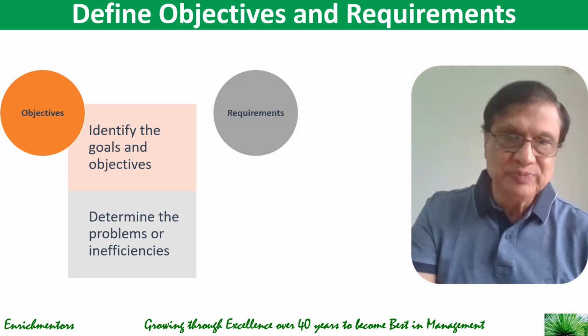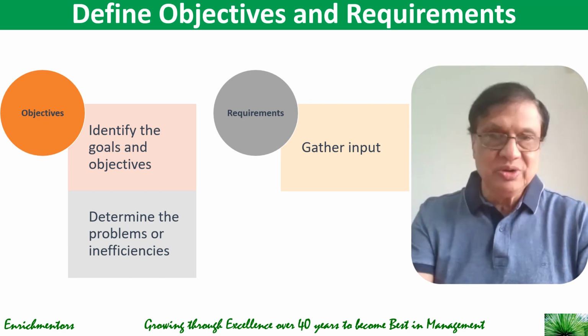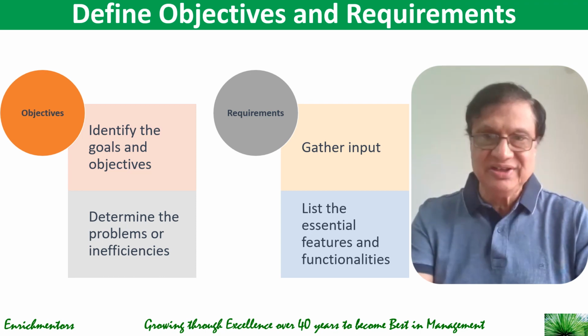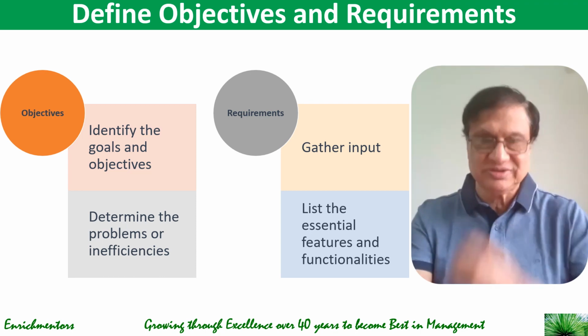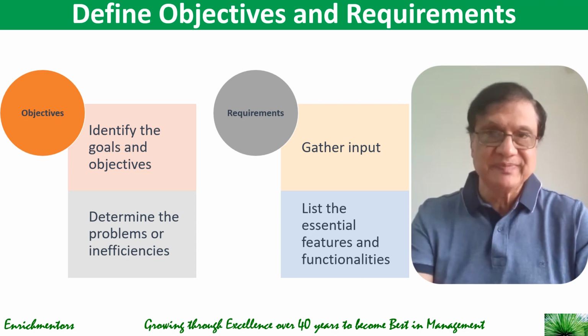Then you need to gather the input requirements from HR staff, managers, and other stakeholders, and list the essential features and functionalities needed for the HR processes. So now you define what should the HRIS provide you? What are the objectives and requirements from this HR information system?